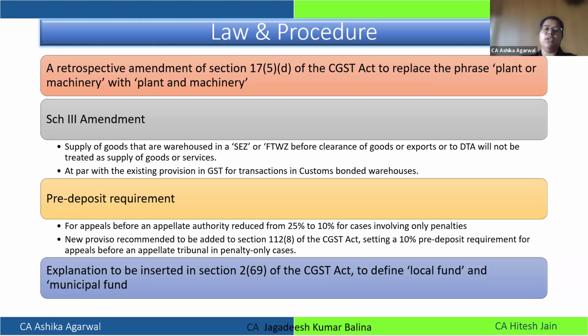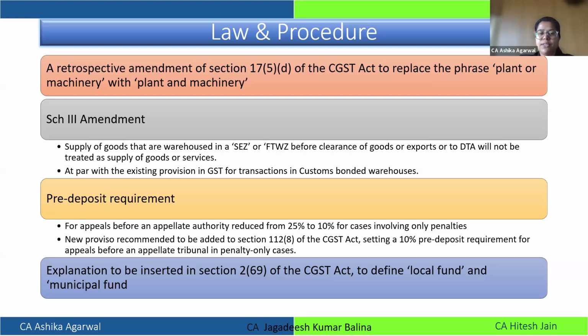So obviously that storehouse you are going to let out. Or if there is a mall construction where you are going to let out the space to other persons. So where it is for further supply, they said ITC will be allowed, but it is based on a functionality test which will be determined.